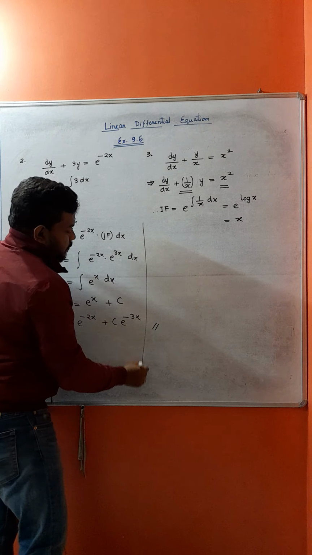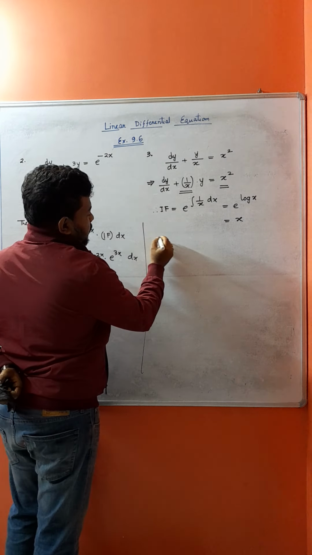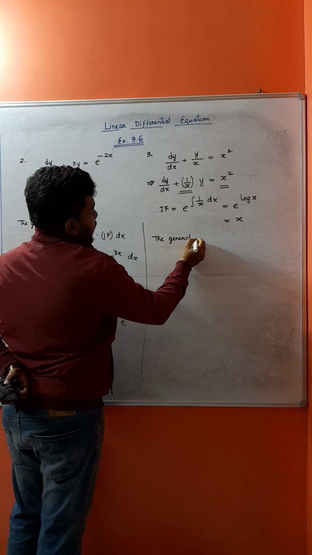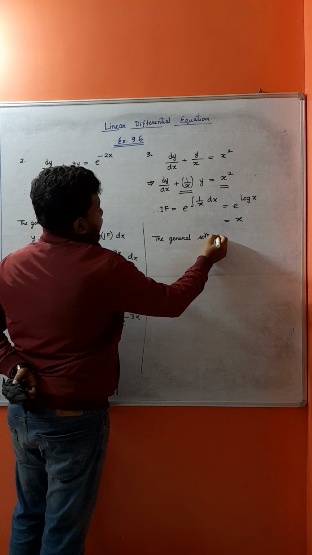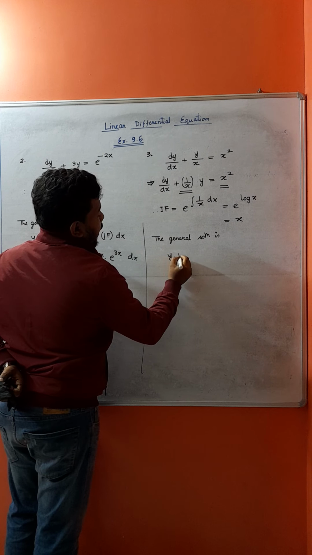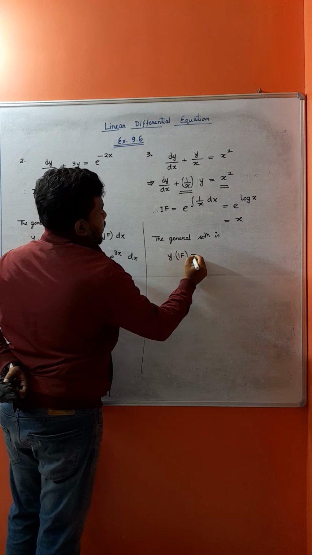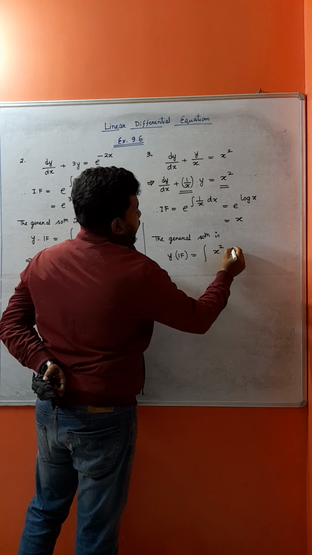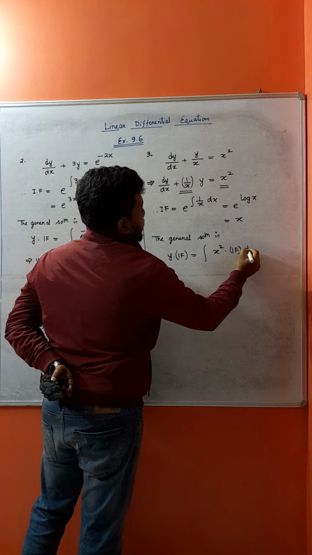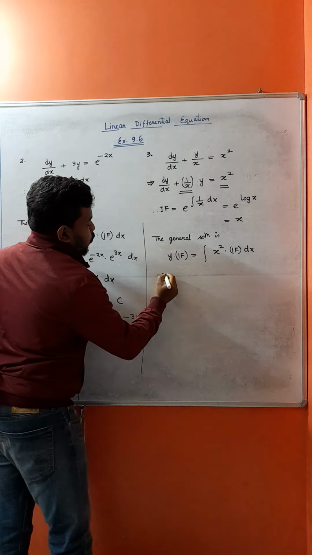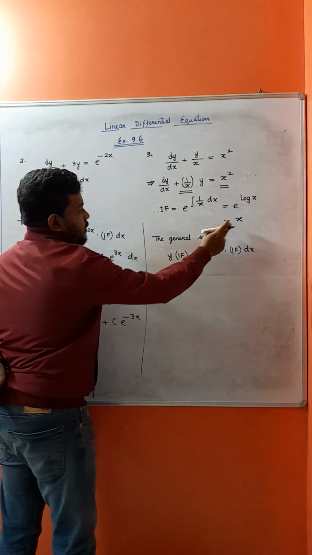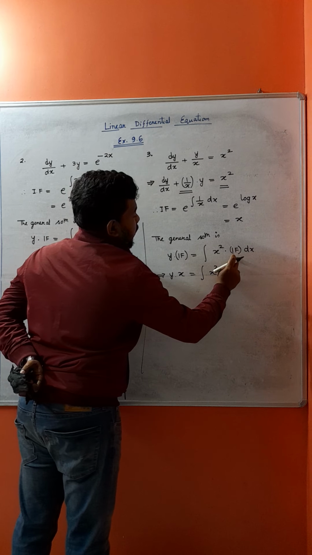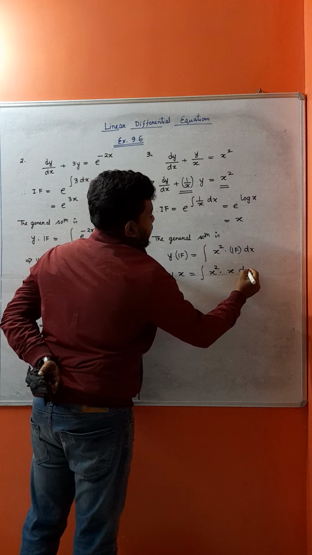Now the general solution is y into IF is equal to the integration of q into IF dx. So y into IF is x squared into x dx.